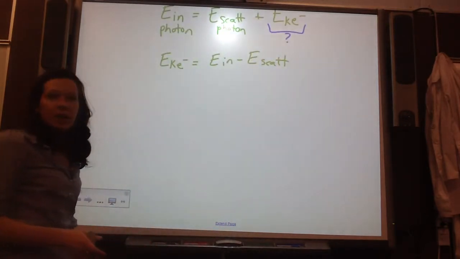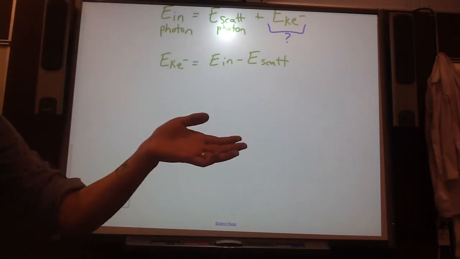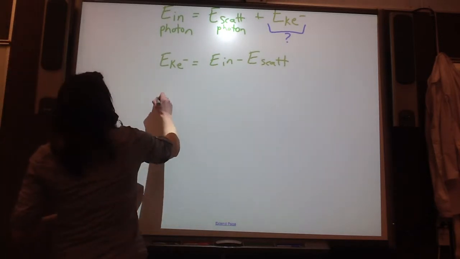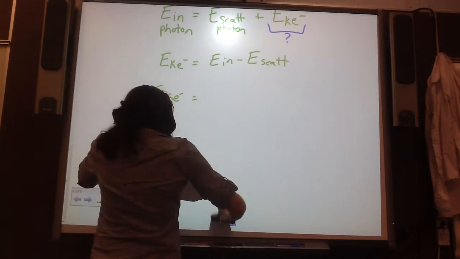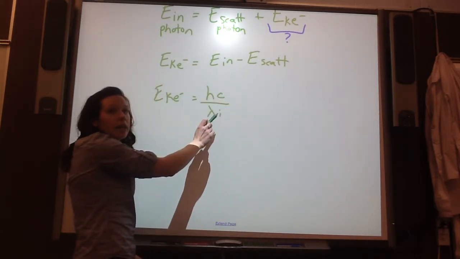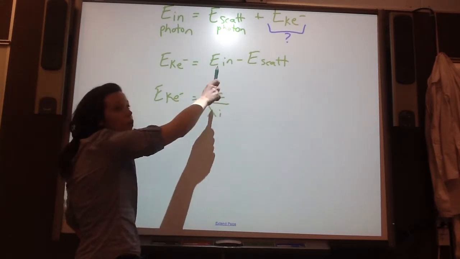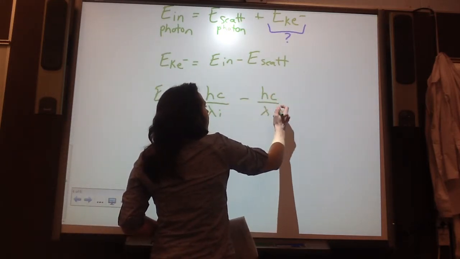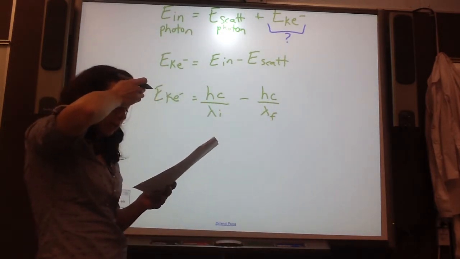Now the energy of your photon we can use from our previous lesson, where it's hc over lambda. So EK of my electron is equal to hc over lambda, specifically wavelength I or 1 or initial, because they're going to be different, minus hc over wavelength final or scattered.